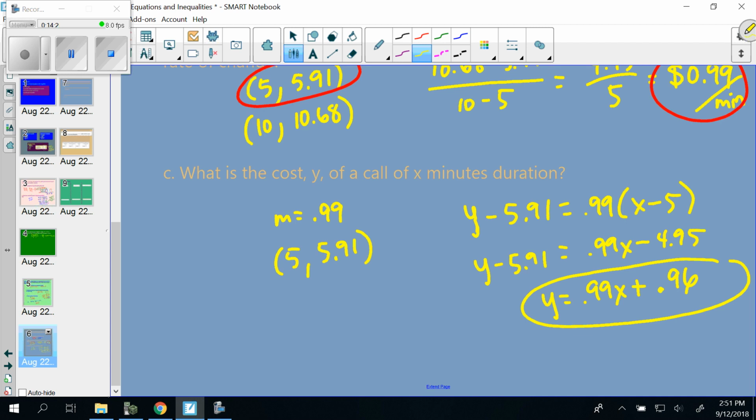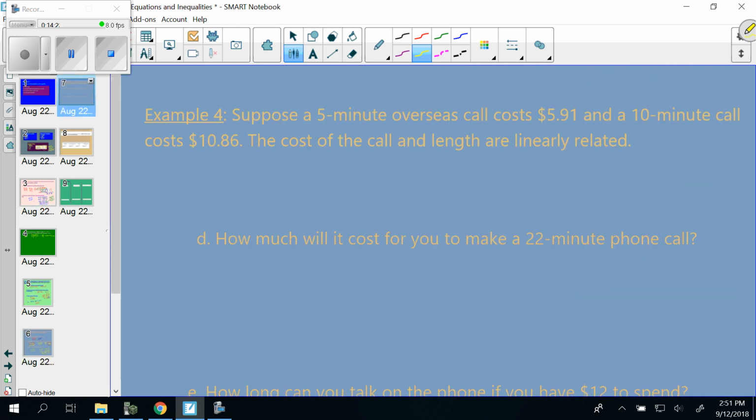All right, for part D on this problem, now they want to know how much will it cost you to make a 22-minute phone call. Okay, well, that should be very easy now that we know the equation here. We got that 0.99x plus 0.96 is the equation for any call.